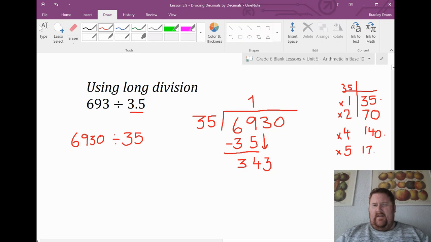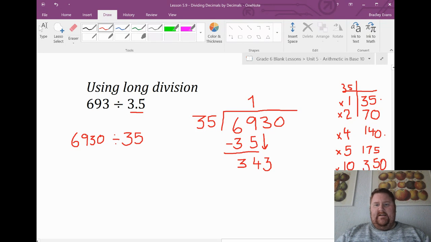Not quite there. Let's double the 5 and get to 10, and that's going to be 450. I don't think that's right. Of course, I meant 350. Whoops.